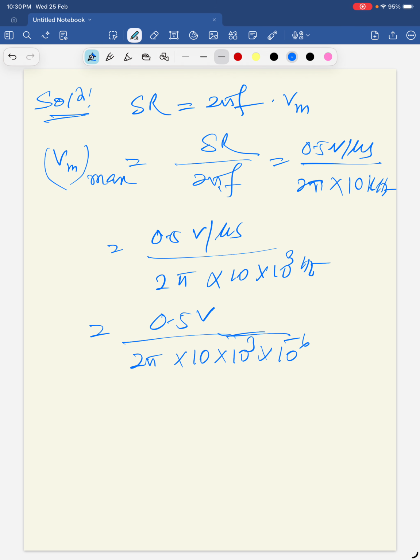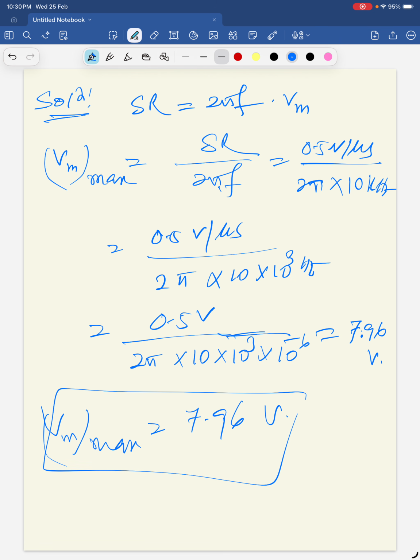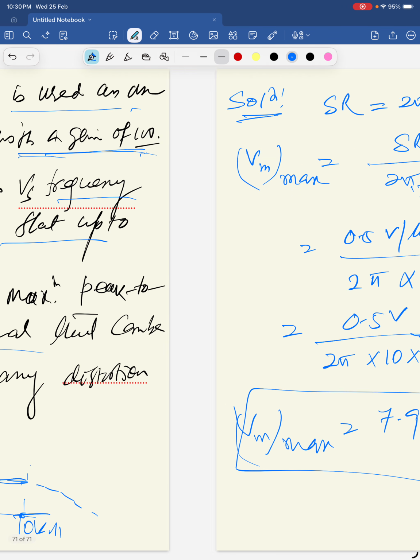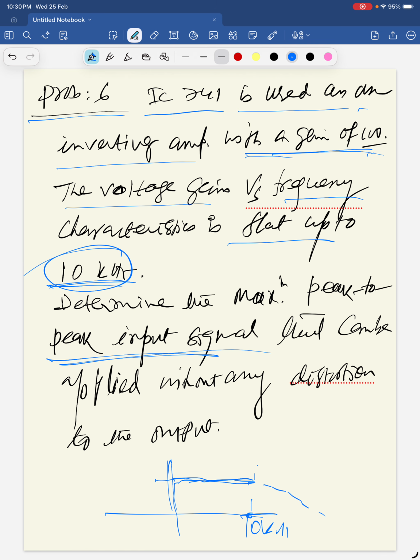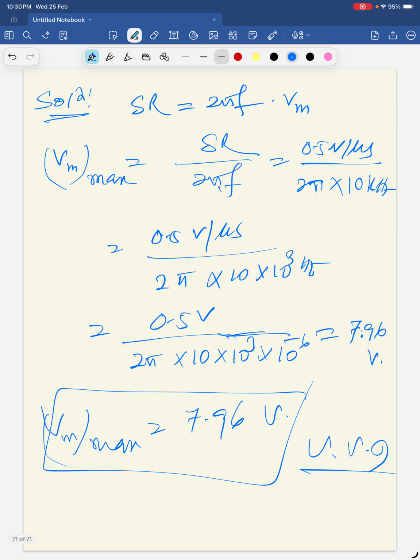If we calculate all the things, it will come out at 7.96 volt. So the input voltage maximum we can handle is 7.96 volt. So this is most important. This is problem number 6. So my dear students, you follow all the numericals. You practice at your home.